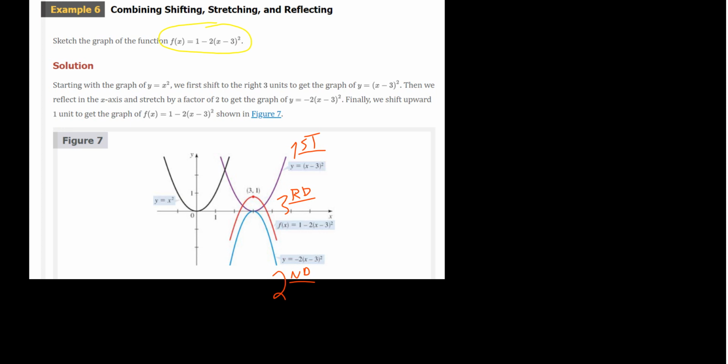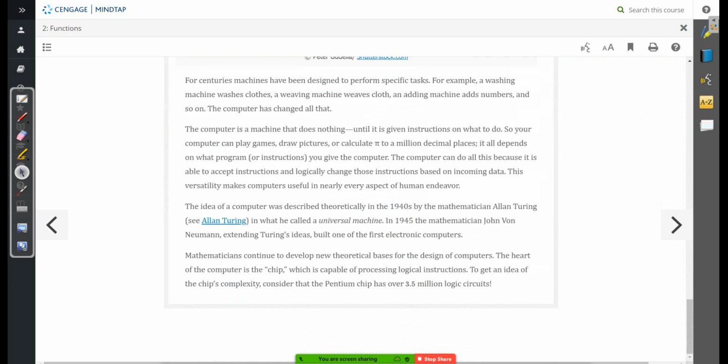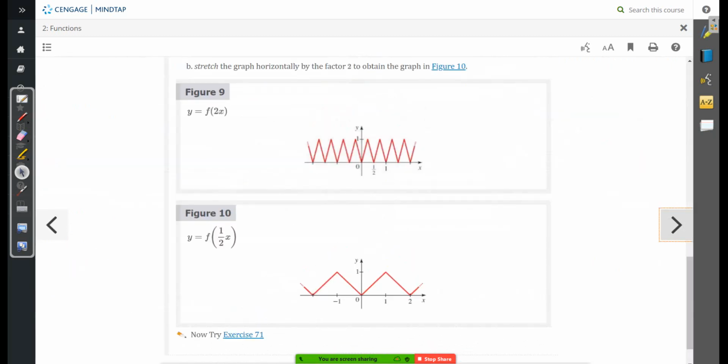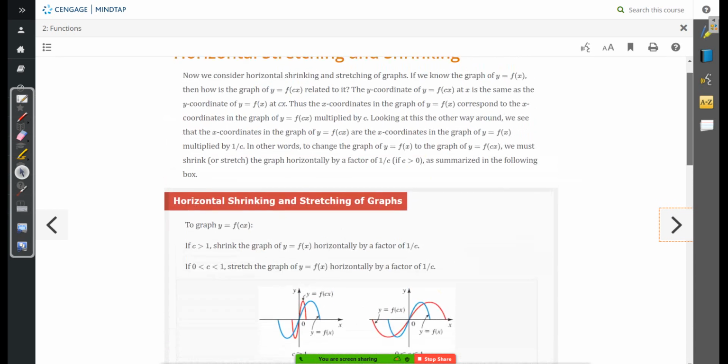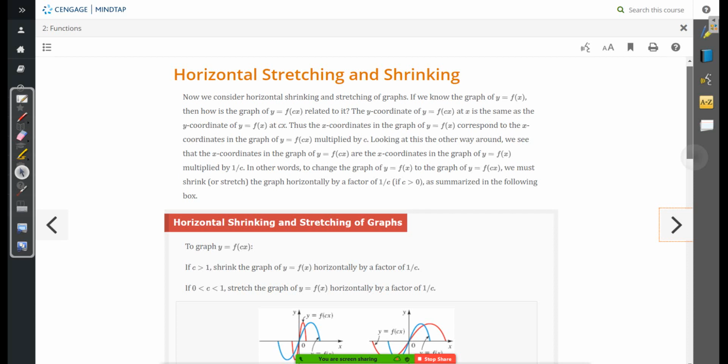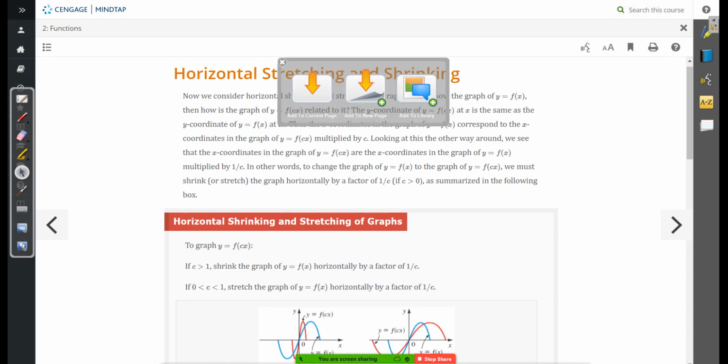Okay. Now, obviously, if we have a vertical stretch, we're going to need to have a horizontal stretch, don't we? So remember how we had horizontal, oh shoot, I forgot the word.